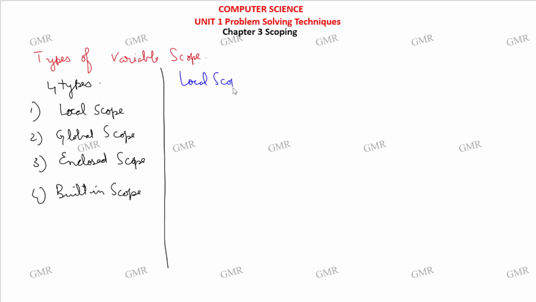Local scope refers to variables defined in the current function.